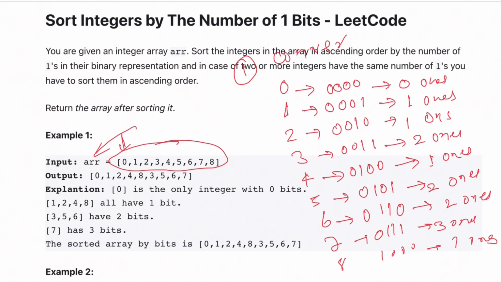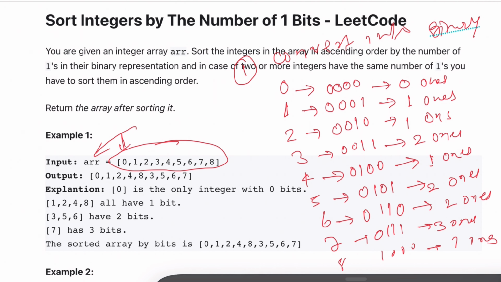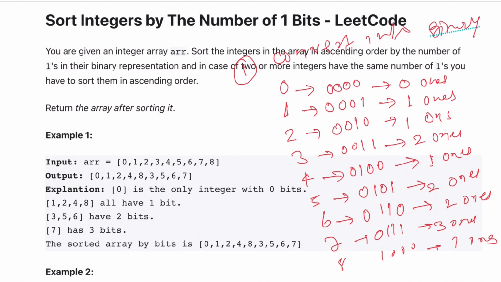So we have to convert each number into binary representation and count how many 1s each number has. The second thing is that we have to group the numbers based on the number of 1s. If two numbers have the same number of 1 bits, we sort them numerically.